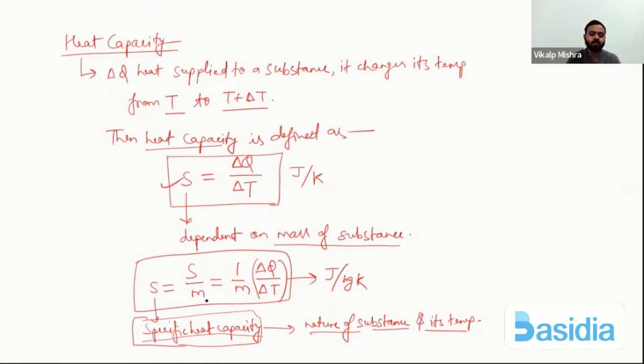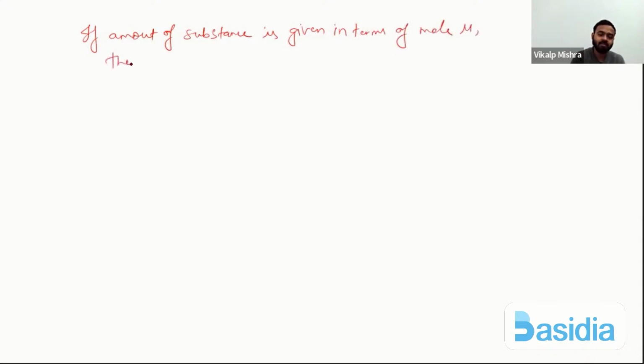Here we have taken the amount of substance as mass. If the amount of substance is given in terms of mole, then we define heat capacity per mole.